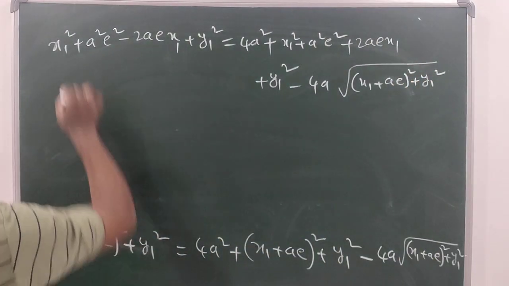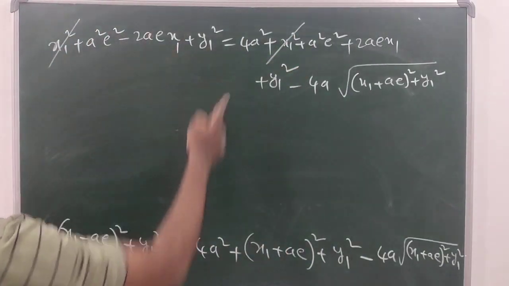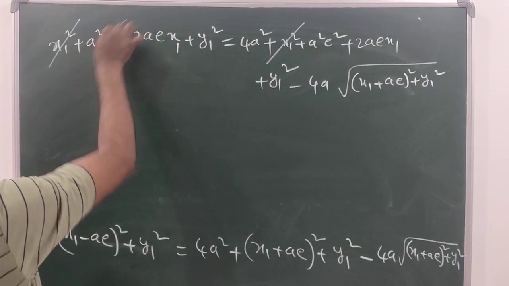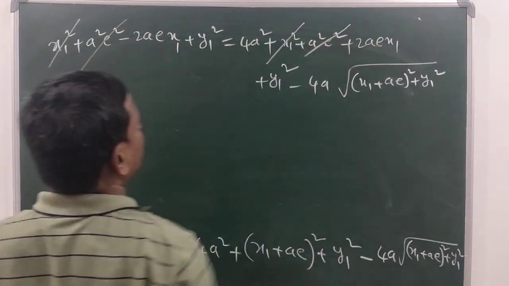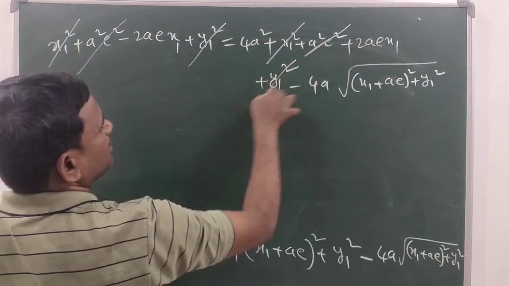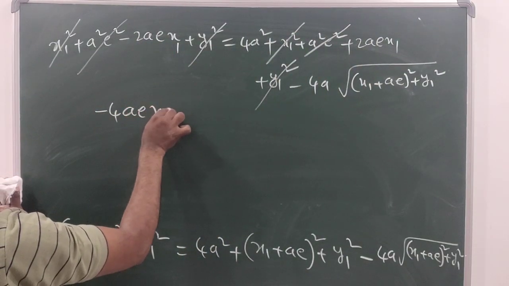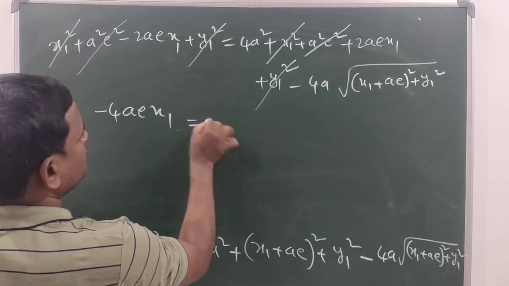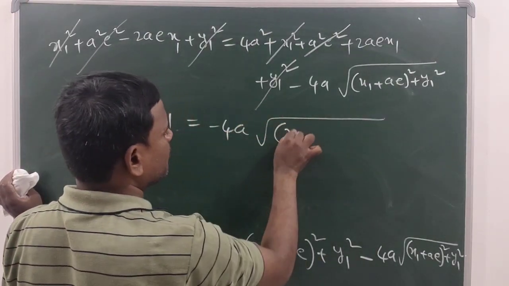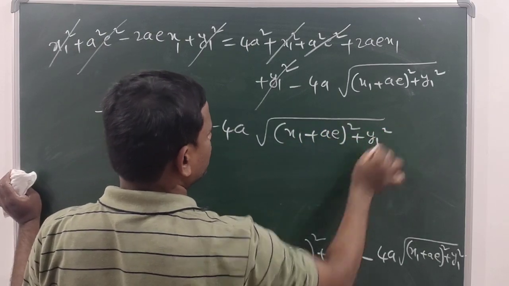Now students, see here, both can be cancelled because both are equal quantities which are lying on either side of the equal symbol. And a square e square also gets cancelled. Now y square cancelled. Okay, transfer this one to the left side so that you will get 4ae x1, which is equal to minus 4a square root of x1 plus AE whole square plus y1 square.